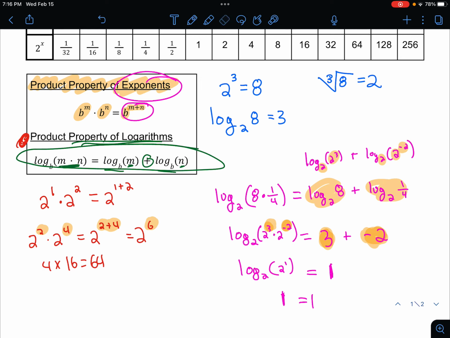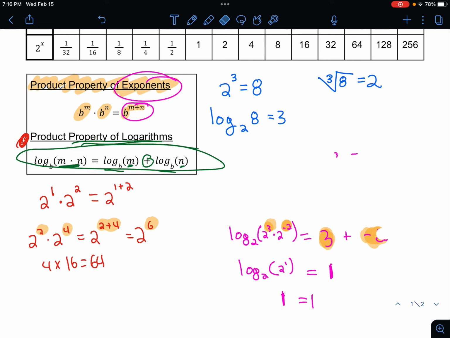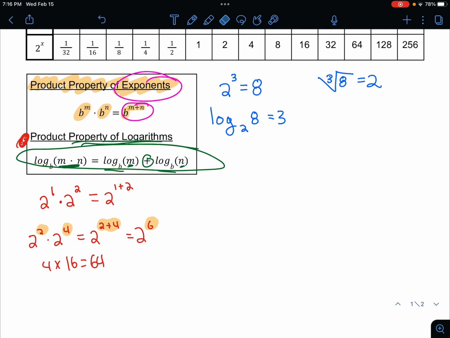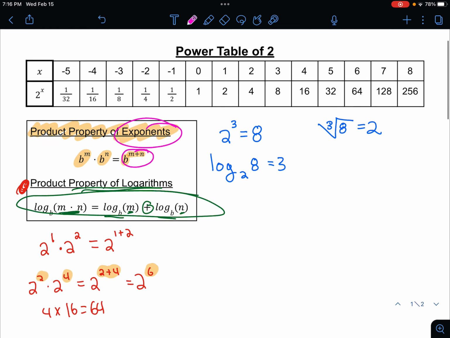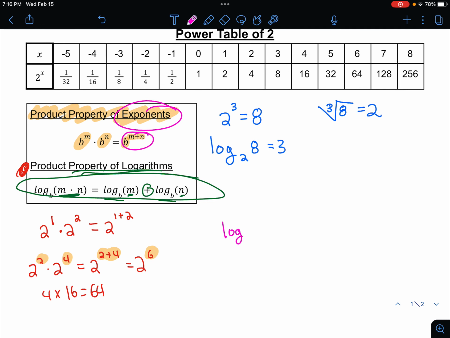And so it can be useful for splitting up our logarithms, but it also can work just as well in reverse. So if I want to go in reverse, maybe I start with log base 2 of, let's do 1/4 again, log base 2 of 1/4, and say I want to add log base 2 of, let's do 16.